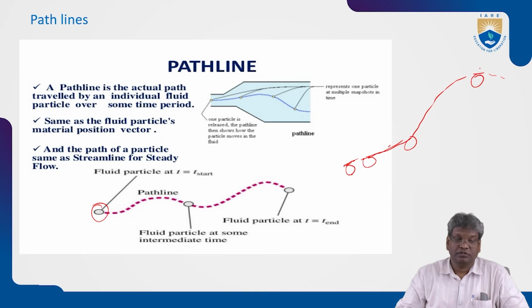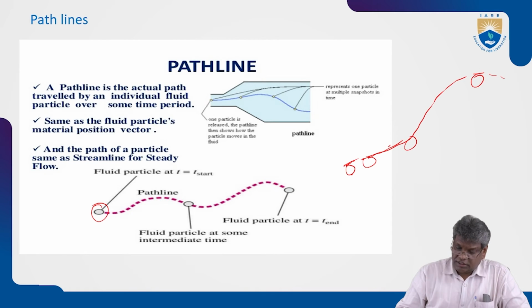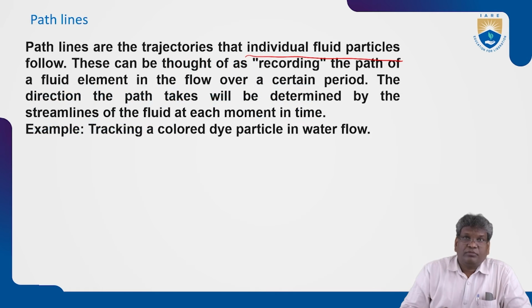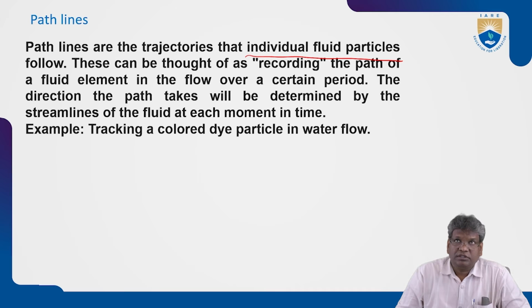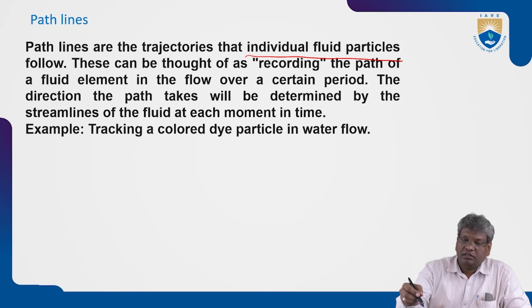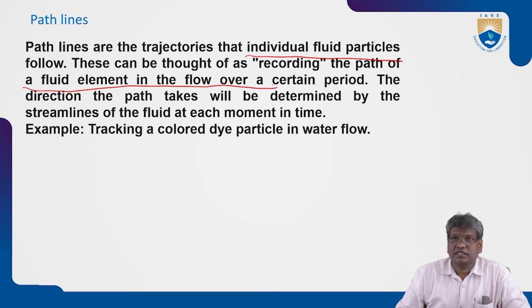So a pathline is the trajectory that an individual fluid particle follows, or this can be thought of as recording the path of a fluid element in flow over a certain period.